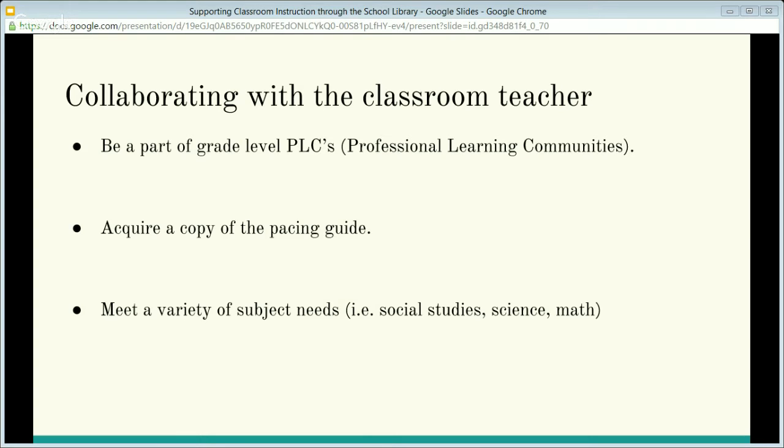There are resources and materials in the school library to support the various subject needs of the students as well as the teachers. So that is for collaborating with the classroom teacher.